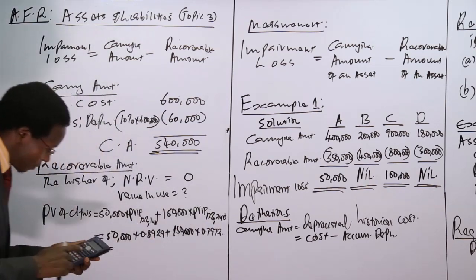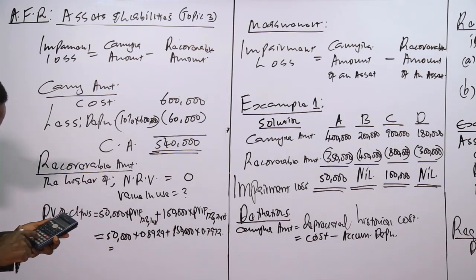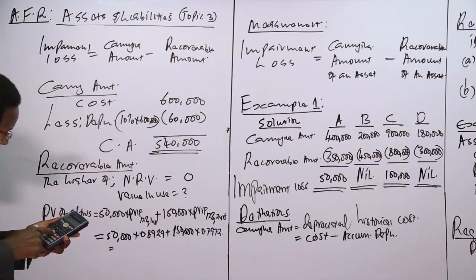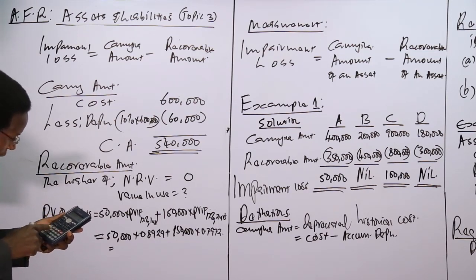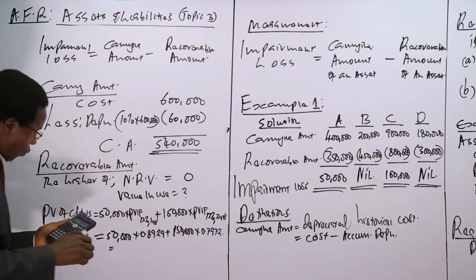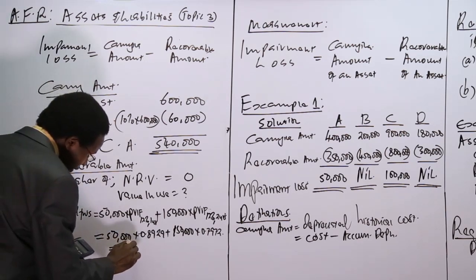So what will that be? 50,000 by 0.8929 plus 150,000 by 0.7972. So we have 164,000.